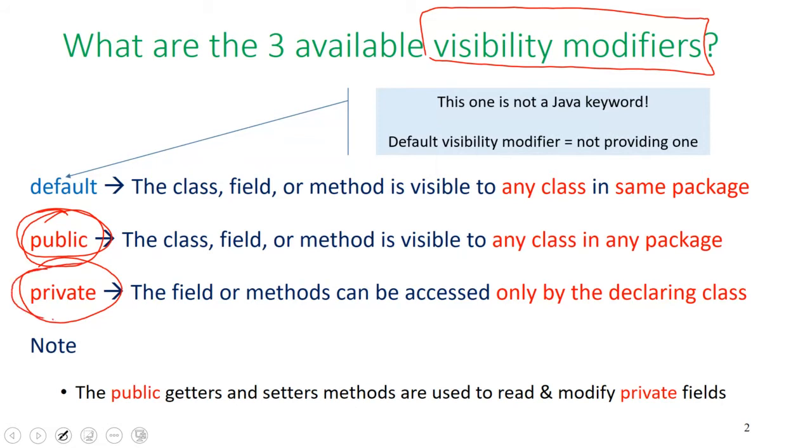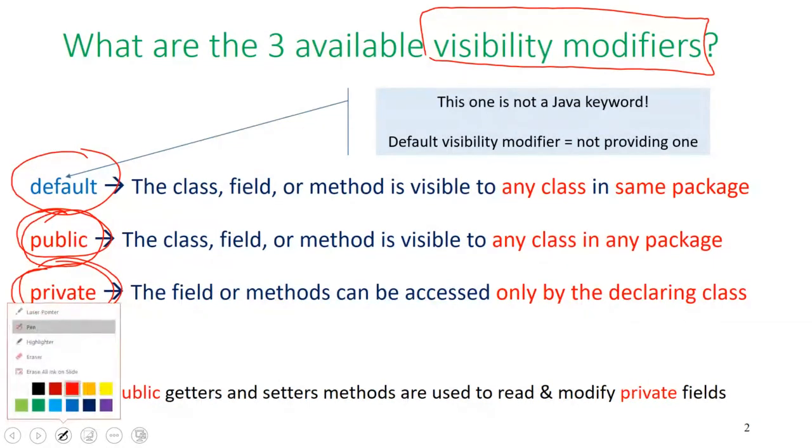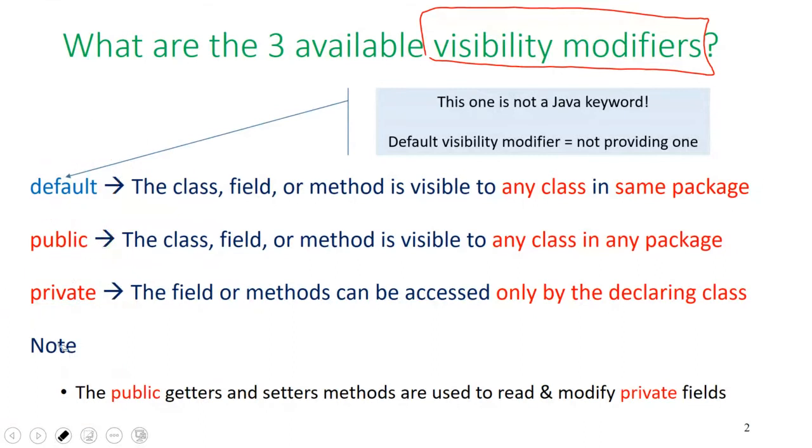Two, you put the private keyword. Three, you do not put either public or private, okay? So default, as is indicated on this slide, is not actually a visibility modifier. Default is when you don't have any public or private keyword at the beginning of the declaration of an attribute or a method, then it's considered default visibility, okay?